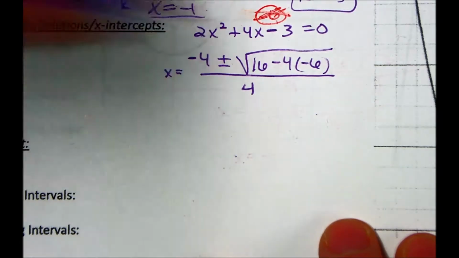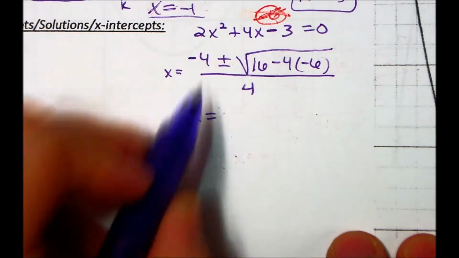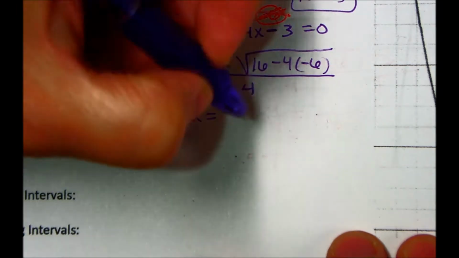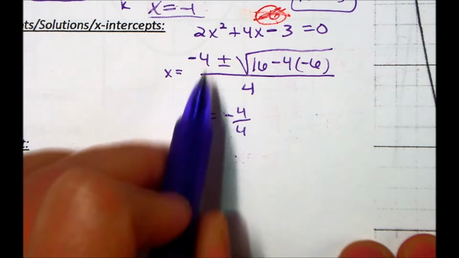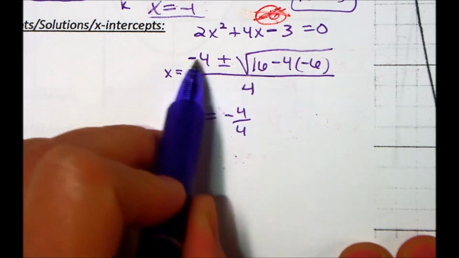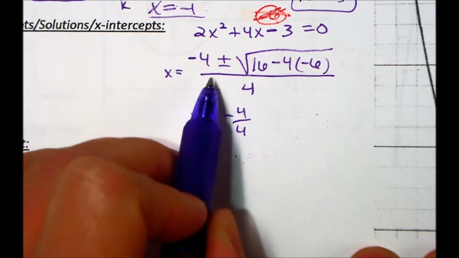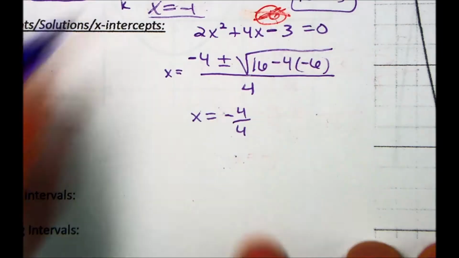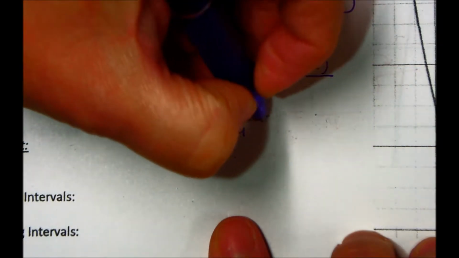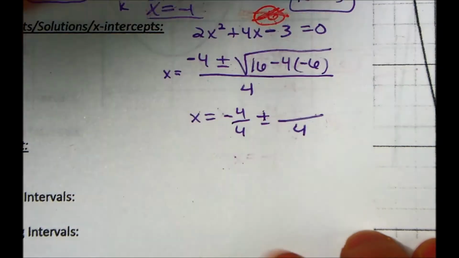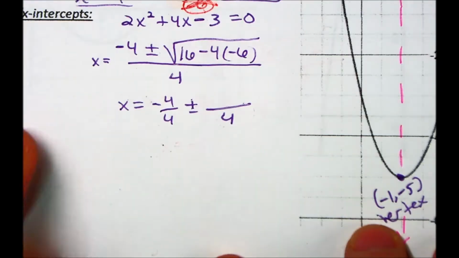All right, so the next step, simplify this a little bit more. So this -4, I'm going to put over 4. Because really what you have here is, you have two terms, the -4 and the radical, that both need to be divided by that 4. So I like to separate it at this point, -4 plus or minus something over 4. And I have to simplify this radical, and that I'm going to do off to the side.